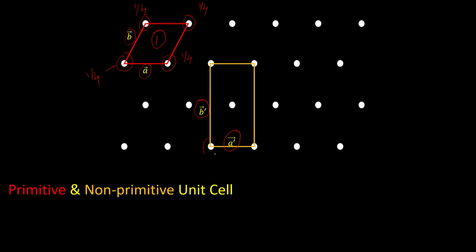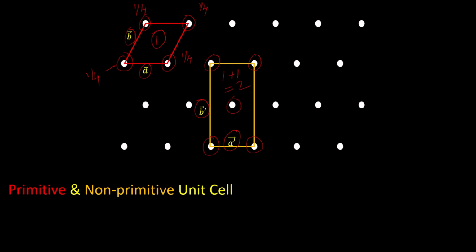Because there is a 1 by 4 contribution from here, 1 by 4 from here, 1 by 4 from here, 1 by 4 from here. So we have these 4 corner lattice points equivalent to one lattice point, and there is an additional lattice point inside this unit cell. So this is equivalent to 2 lattice points.